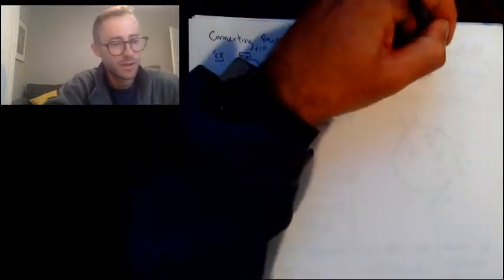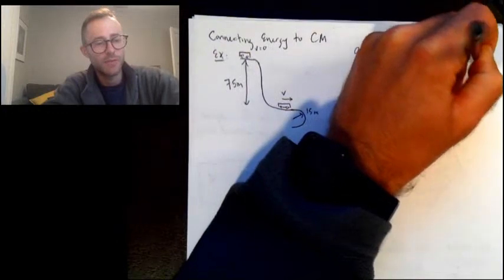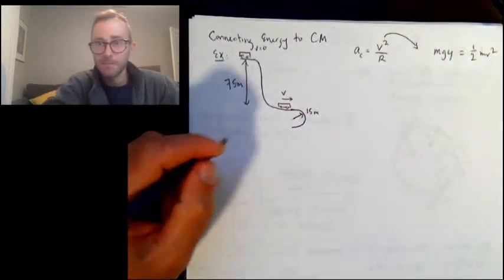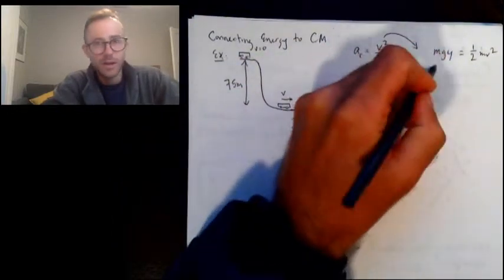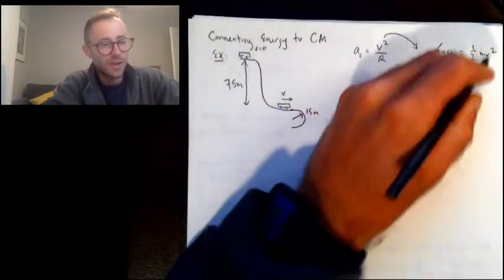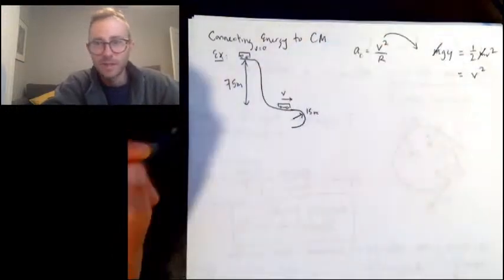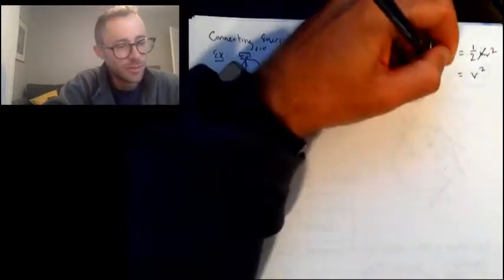So we have mgy becomes 1/2 mv squared. Okay. So I can see that the masses cancel out. And I can see that v squared is g times y.